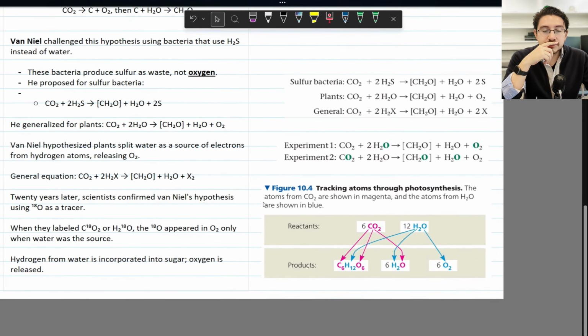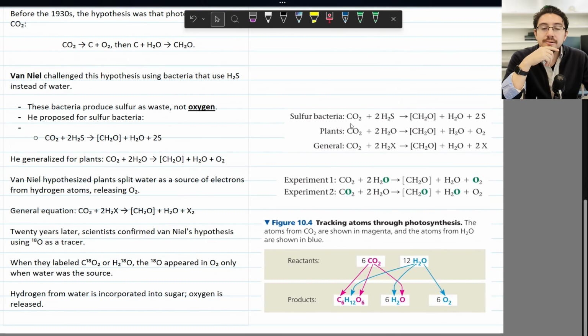So ultimately, you get this kind of scenario where you have sulfur bacteria using hydrogen sulfide, which reacts with carbon dioxide through a series of reactions. Ultimately, you get your sugar, you get water, and then you get whatever X molecule was in that beginning reactant.